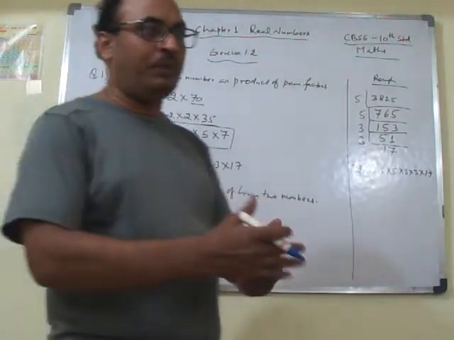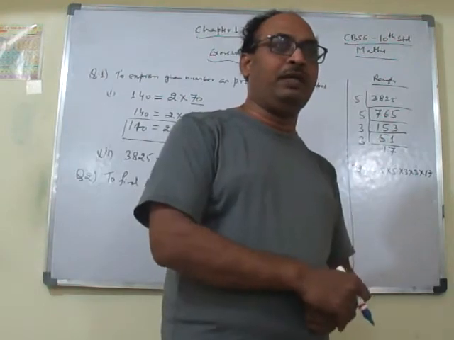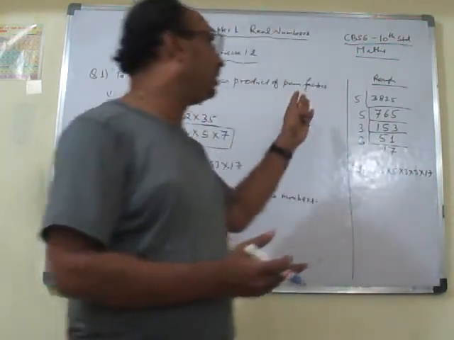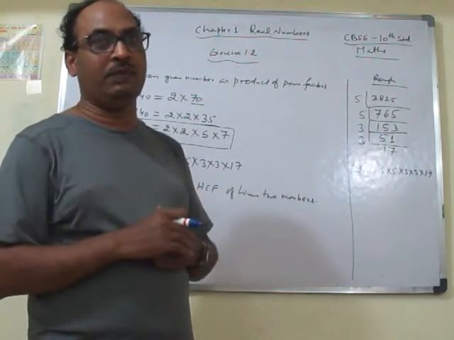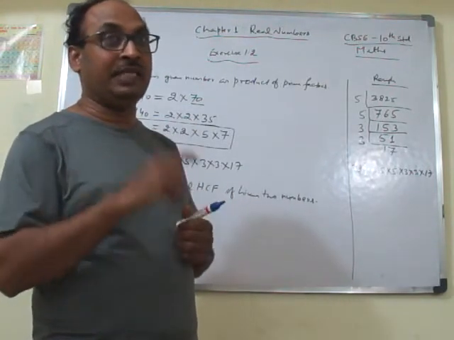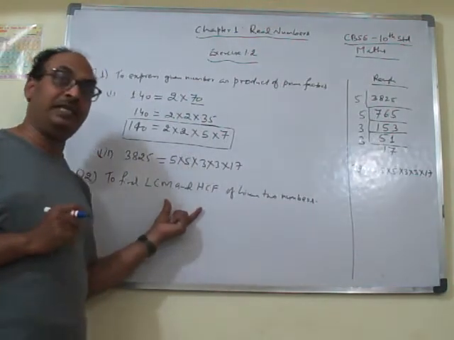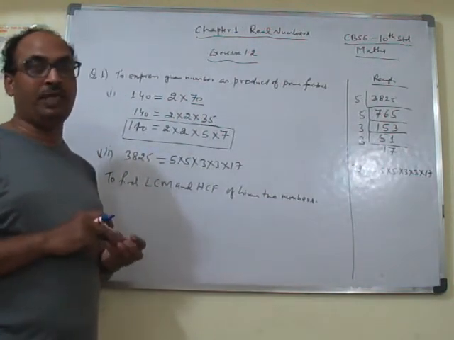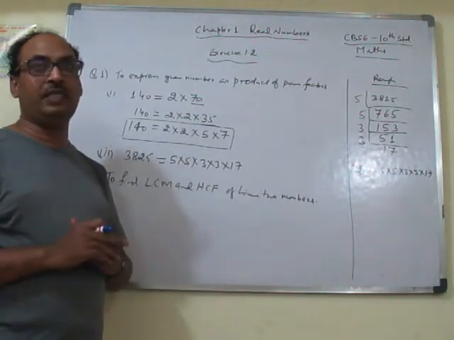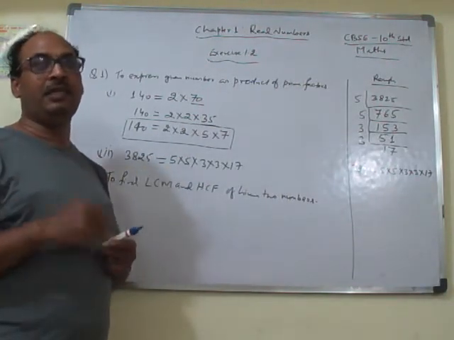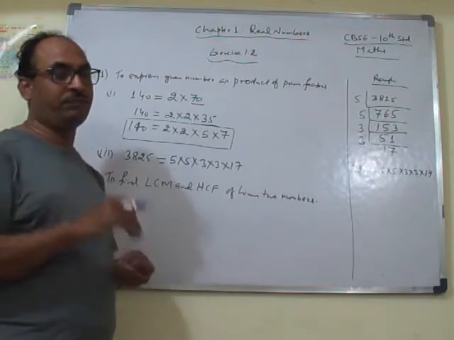Two numbers may be given, three numbers may also be given, not an issue. By factorization, we can find it for 3 numbers, 4 numbers, as many numbers as given. But there is a limitation on utilizing the rule that the product of the numbers is equal to the product of HCF into LCM, and on Euclid's division lemma: only for 2 numbers can we find the HCF.